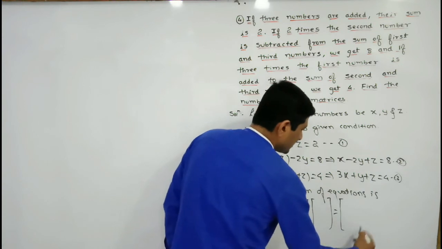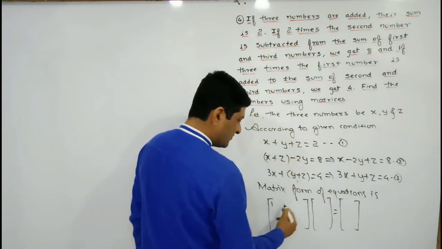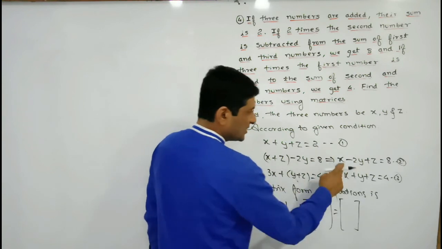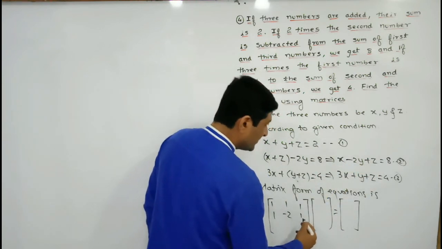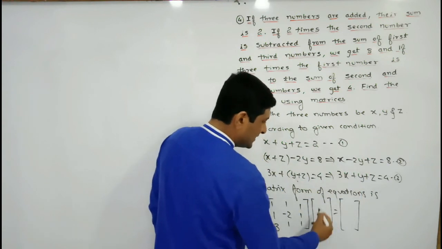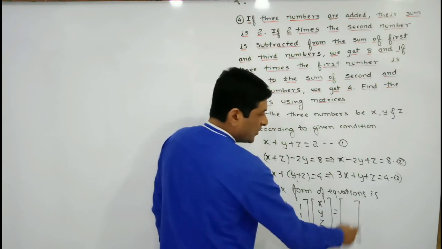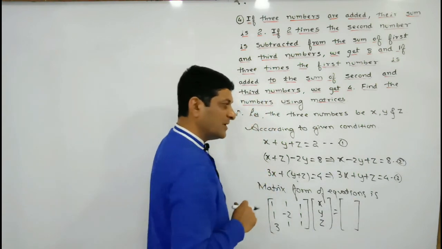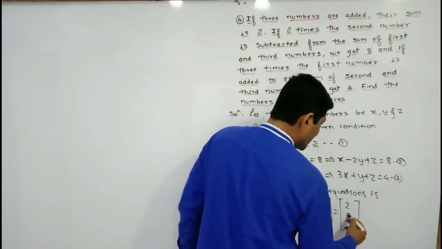The coefficients of x, y, z in the first equation are 1 1 1, in the second equation 1 minus 2 1, and in the third equation 3 1 1. Collect the variables next, and on this side collect the constant terms, which are 2, 8, 4.